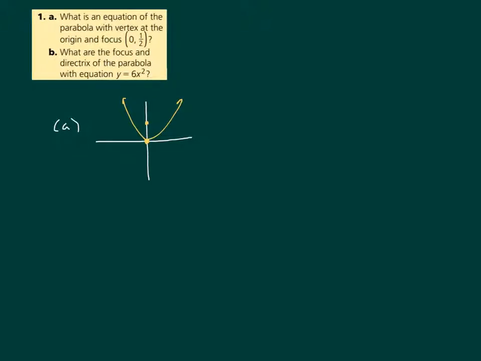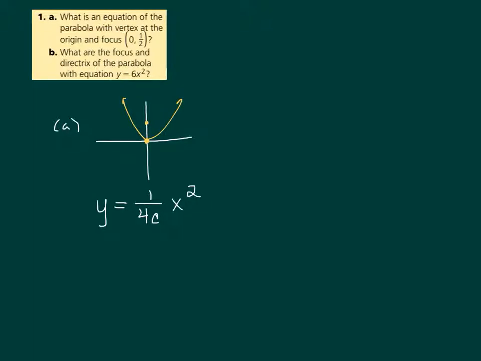And we want an equation. We know that the origin is our vertex. So looking at the previous page, we know the general form is y equals 1 over 4c times x squared. But knowing that the focus is at (0, 1/2) tells us what c is. What is c?